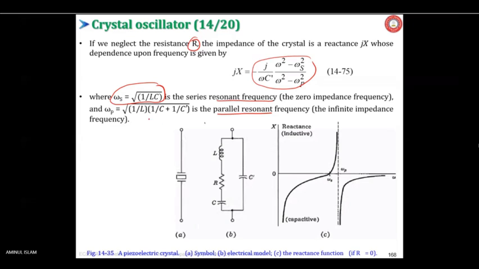If this is much greater, then this term can be neglected, and hence you will get omega P equals omega S, or not? Yes.